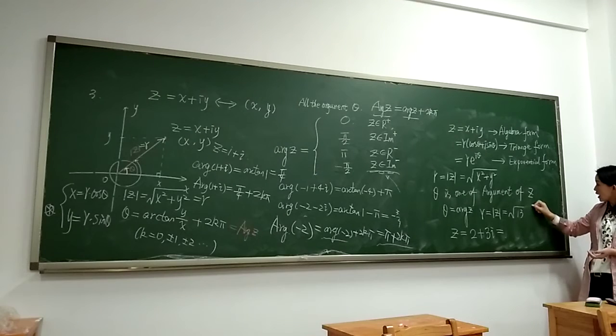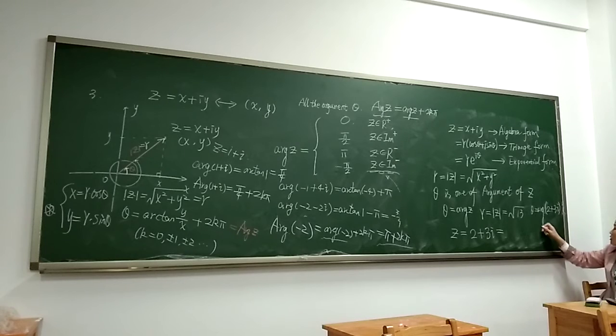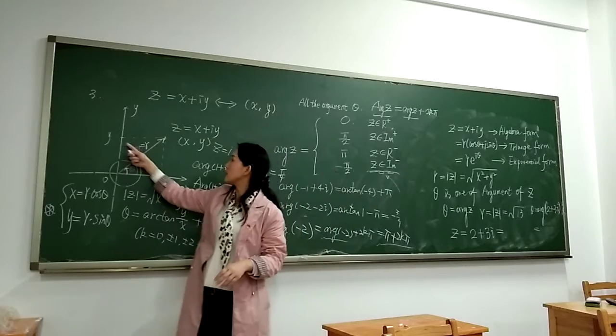Now theta, you can choose the principal argument of z. z is 2 plus 3i, which column is it in? 2 here, 3 here.